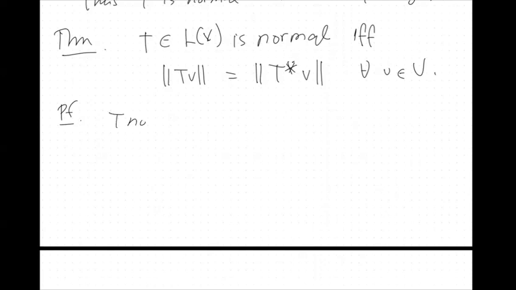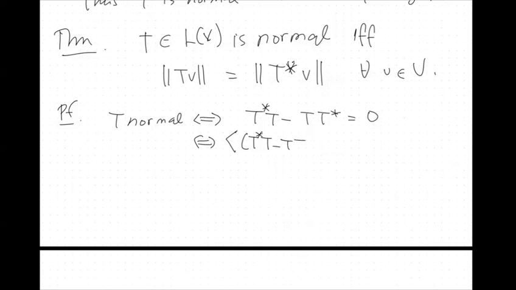So if T is normal, then you can say that T star T minus T T star is 0, because it commutes. If you get this, then operate this with T and you get 0 for all v in our vector space.